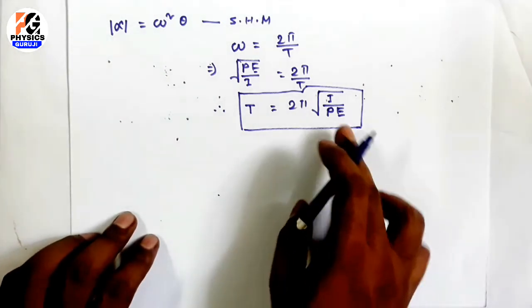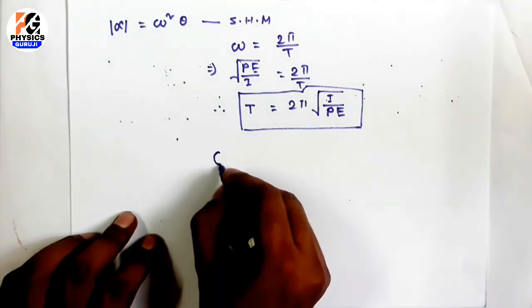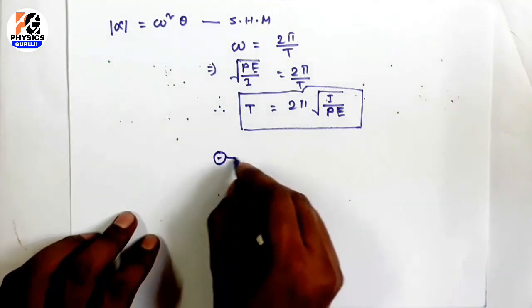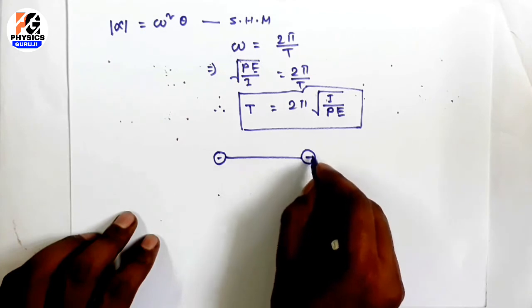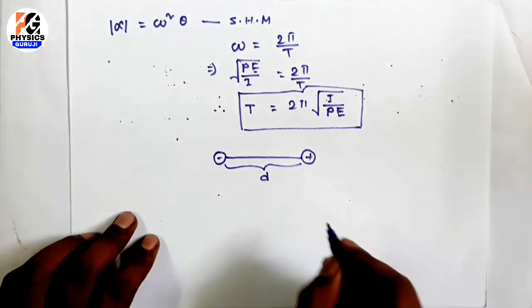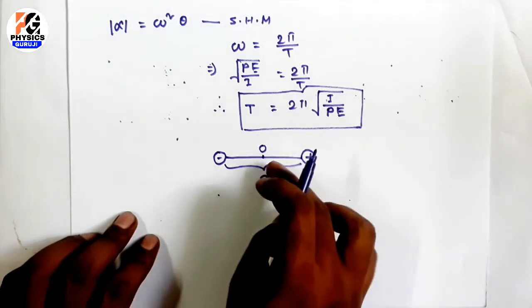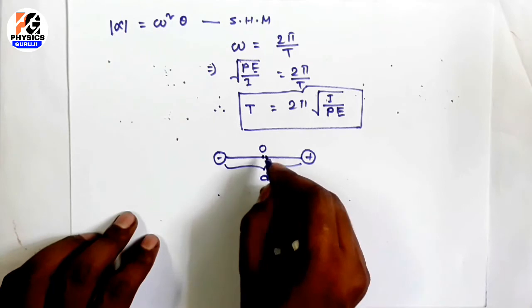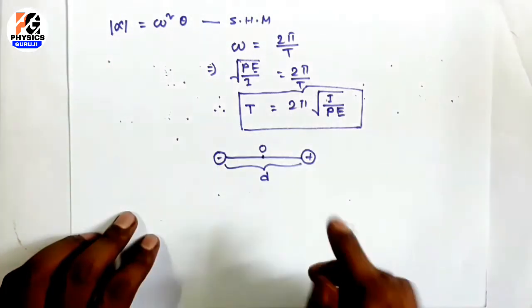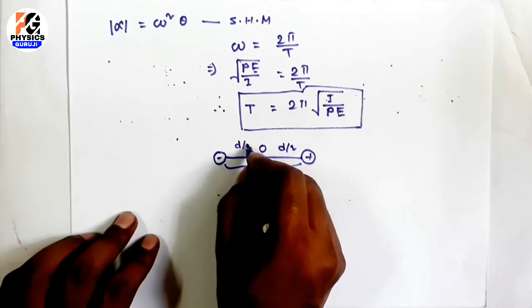Now you can find the moment of inertia. How will the moment of inertia be calculated? Here, if this charge is minus and this charge is plus, and the distance between these two charges is d, then the moment of inertia is about this point, since the oscillation takes place around it, so this distance is d by 2 and this distance is also d by 2.